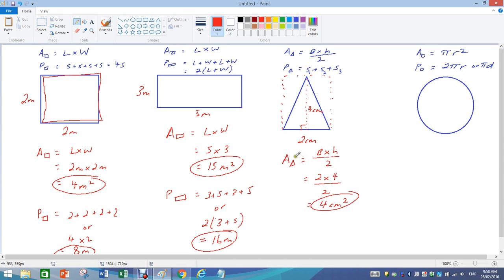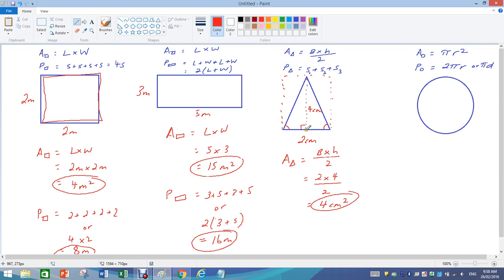Now the perimeter of the triangle is a little bit trickier. If I gave you the 3 sides, it would be easy, but maybe for you more advanced people, you might be able to find the length of this side here and this side here. But we need a bit more information to do that. But if I told you that it was an isosceles triangle, that means these angles are the same.